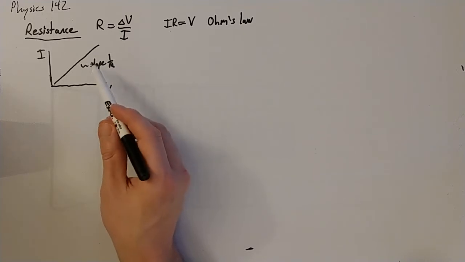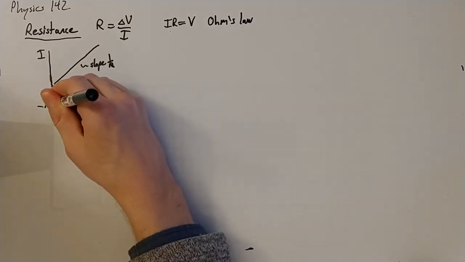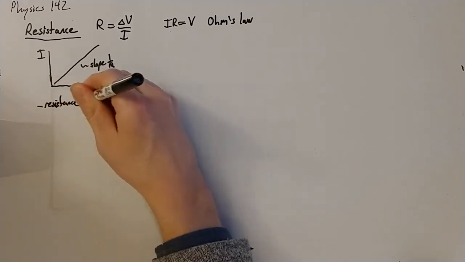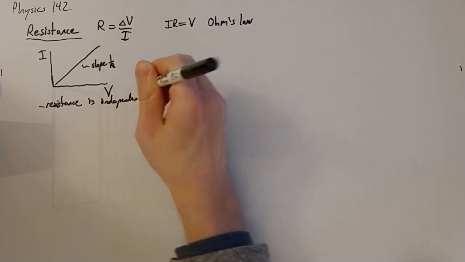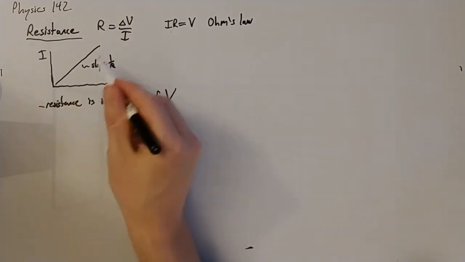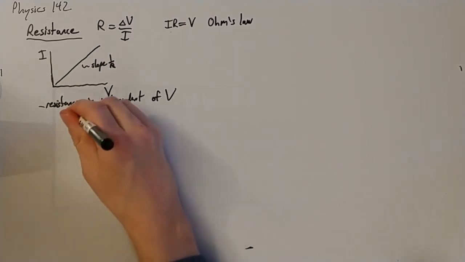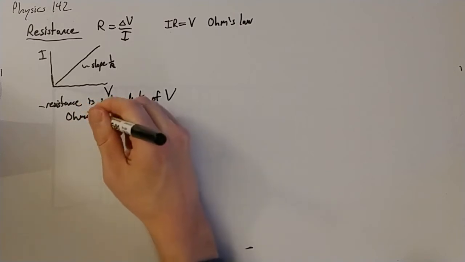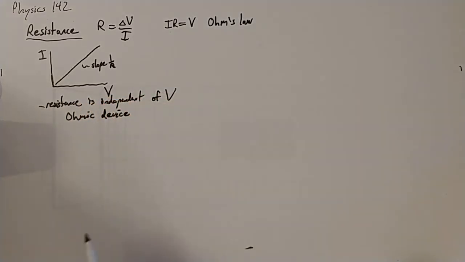And basically here, what we're saying is that the resistance is independent of the potential that you apply, right? The slope is the same no matter what the potential is here. This is an ohmic device. But the thing is, not all devices are ohmic devices.